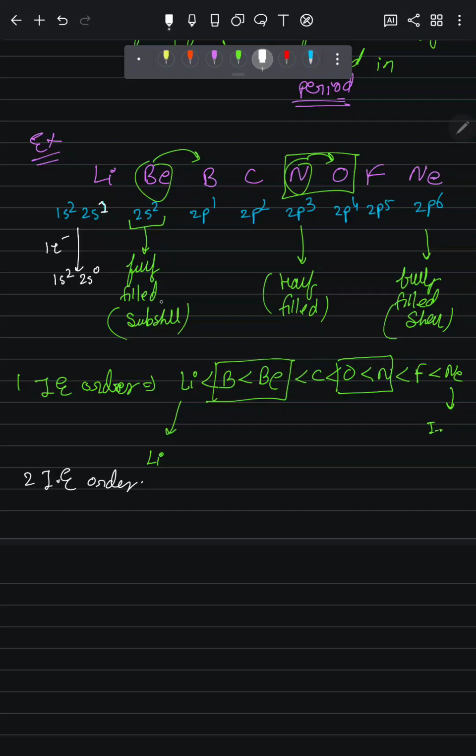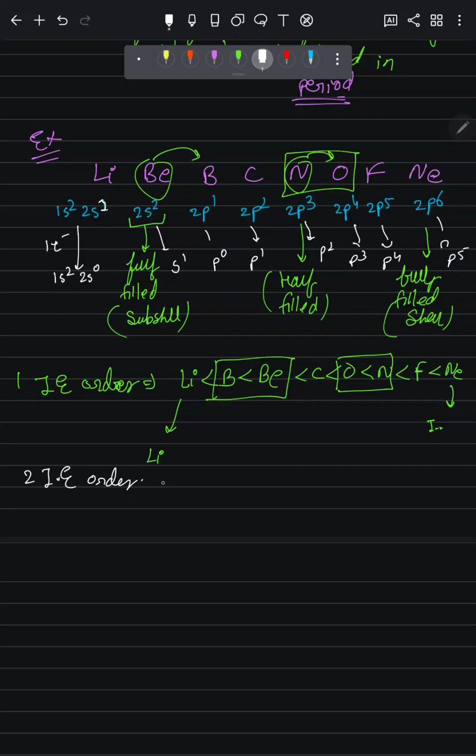Here it is fully filled, but now it will become s1. Here it will become p0, here p1, here p2, p3, p4, and here p5. So this will be the electronic configuration for the second ionization energy order.